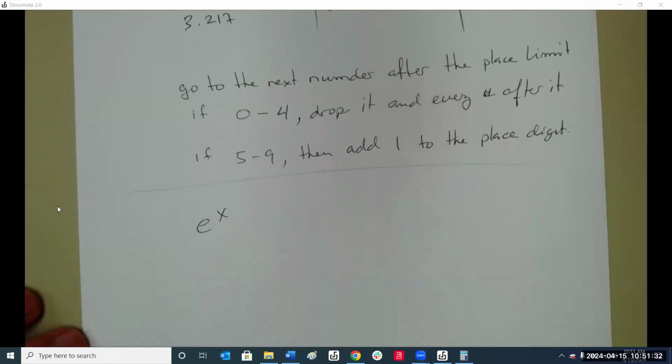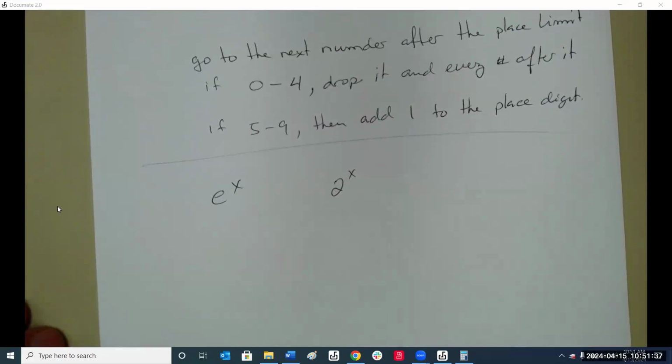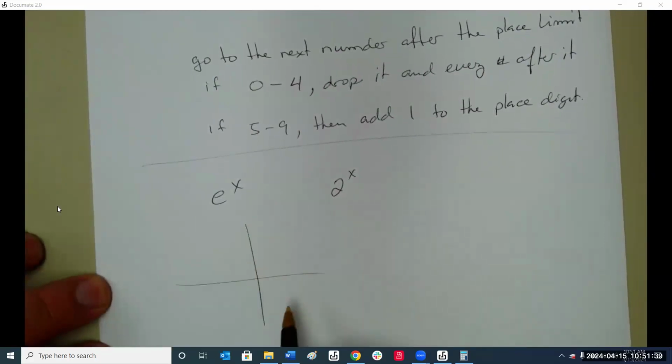And graphing is the same thing. If we had this, basically it's the same graph as that.